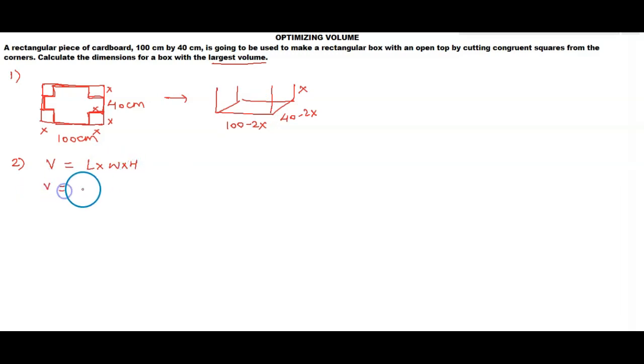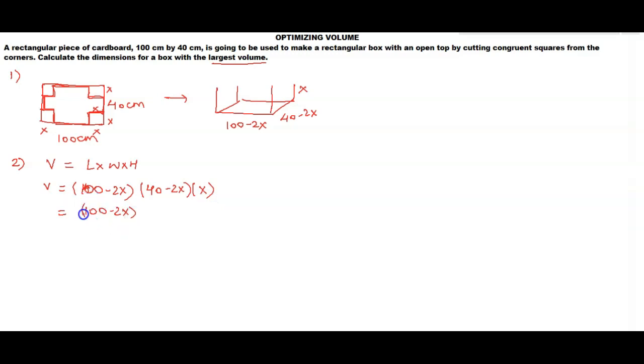If we plug in all the values, length is 100 minus 2x, width is 40 minus 2x, and height is x. We expand this all.